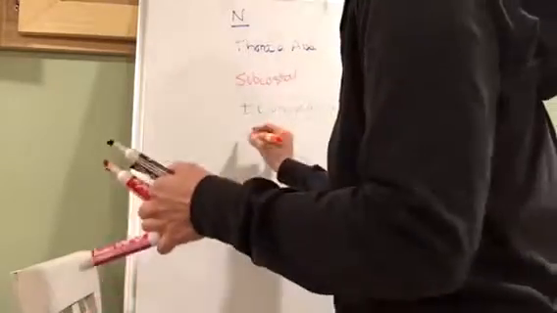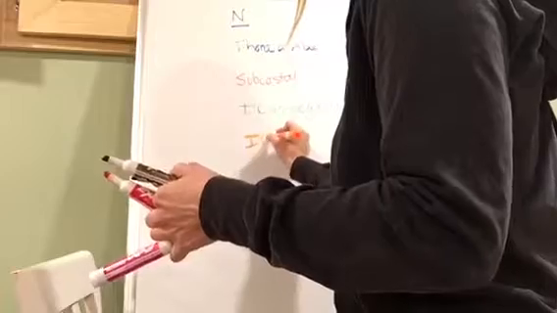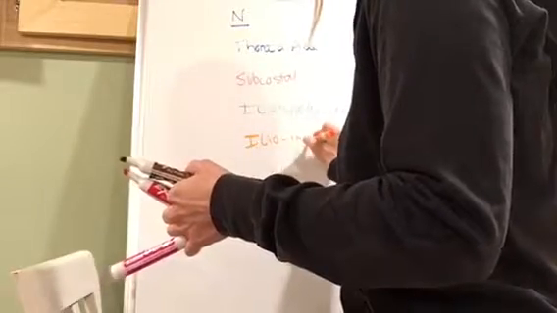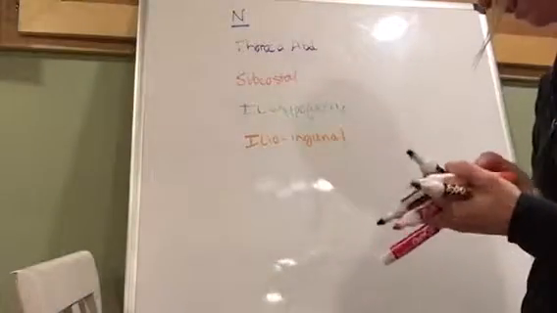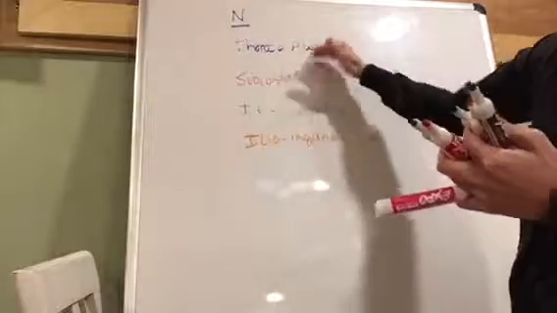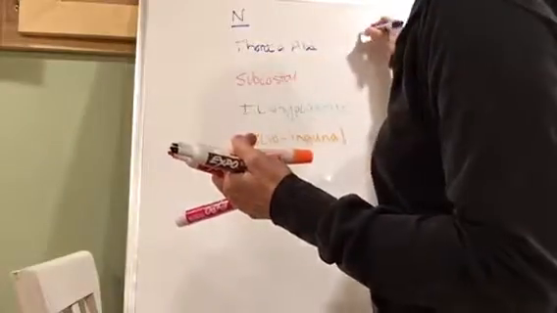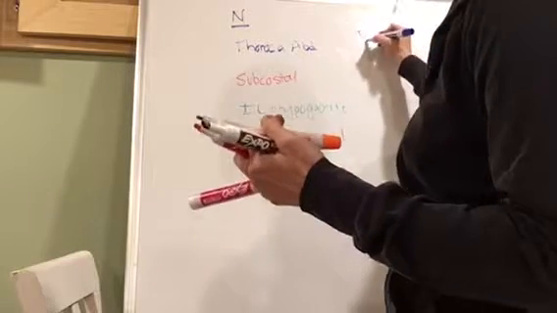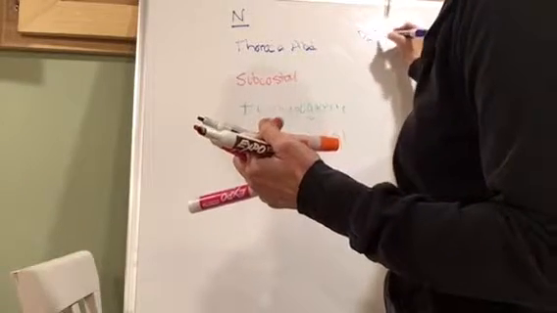And we have ilioinguinal. Never said that correctly. Okay. So basically for the thoraco-abdominal, it is in the distal abdominal area.